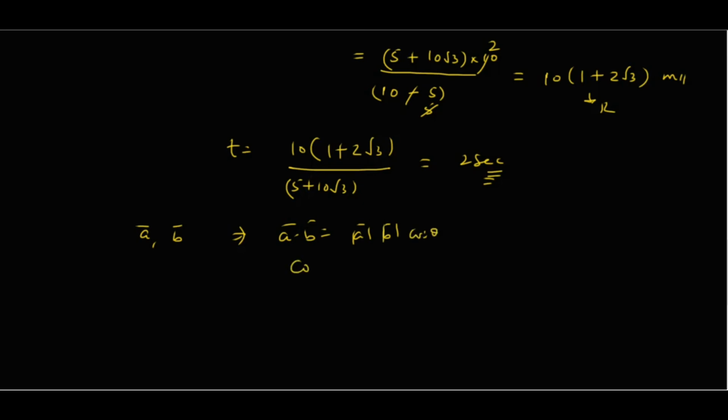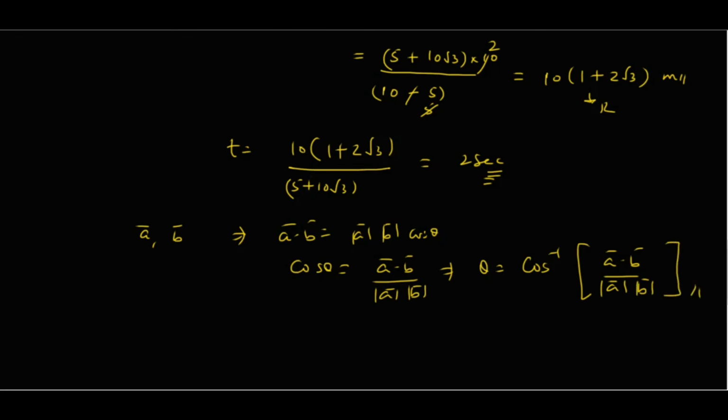So cos theta is going to be a dot b divided by |a| into |b|. If I am able to figure out the a vector and the b vector, I'll get my cos theta, and from here theta is going to be cos inverse of a dot b divided by |a| into |b|. This should be easy.